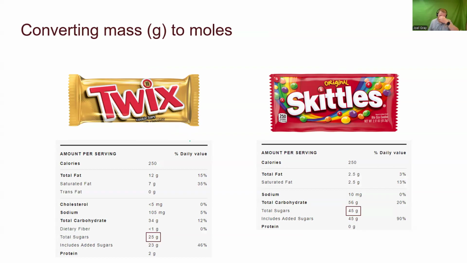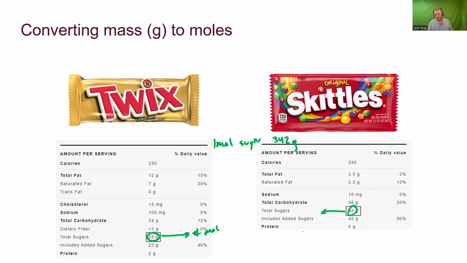So your body catalyzes chemical reactions, and all of the enzymes that your body uses are going to say, okay, I need to convert 25 grams and 45 grams into moles. I need to convert this into number of moles. Now, in both of these cases, you have less than 1 mole because 1 mole of sugar is 342 grams.